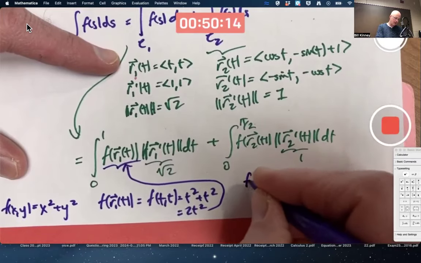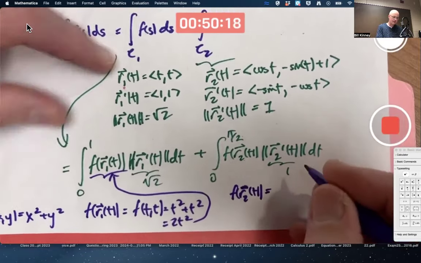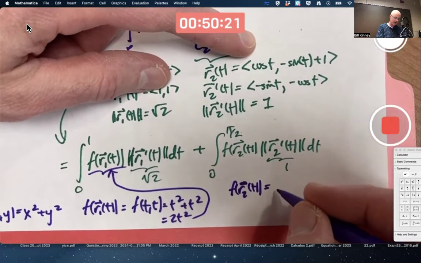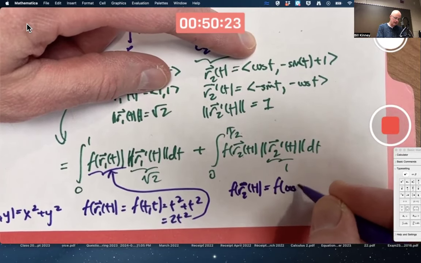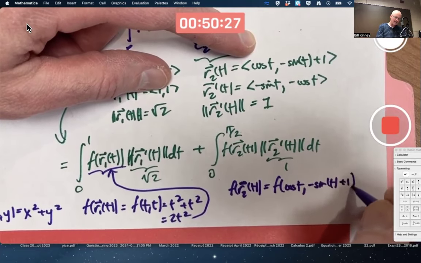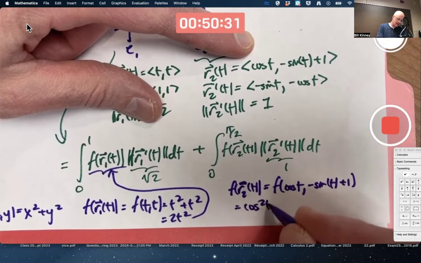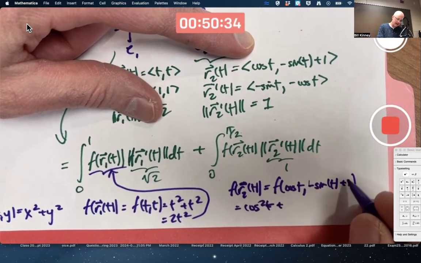And f of R2 of t, plug those things in for x and y, is f of cos t, negative sine of t plus 1. I've got to square those and add them. Cos squared t plus, I have to square this thing. I have to FOIL it.